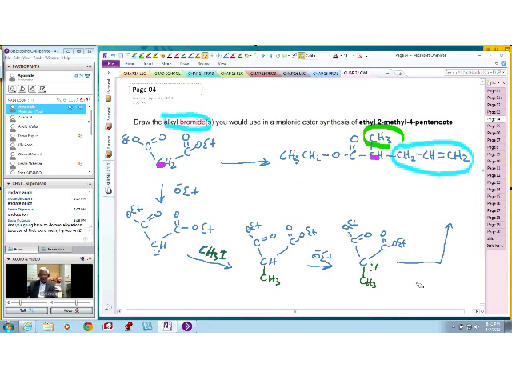Let us use another green. This will be an allyl bromide. This is called allyl bromide. So now once we do that, we now get our product.